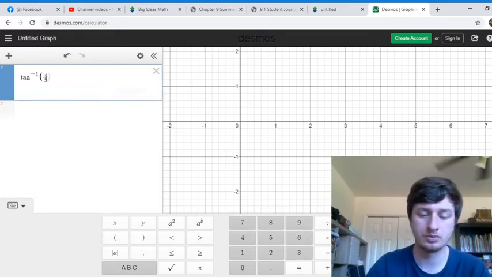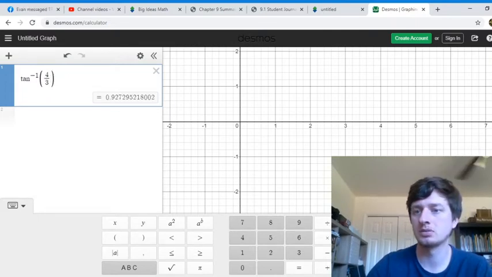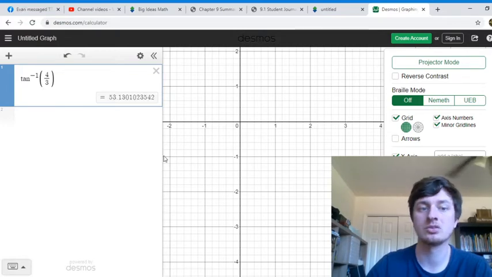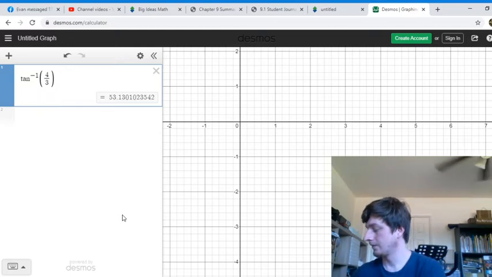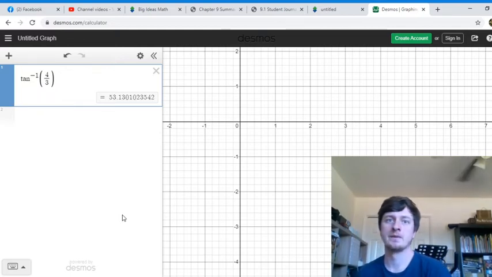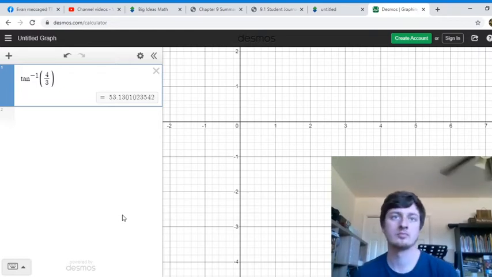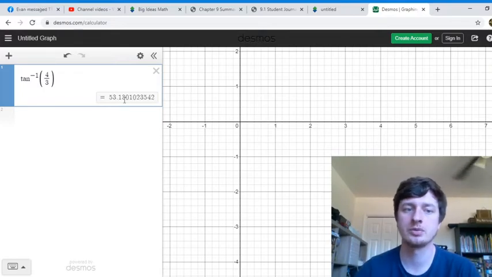Okay, and so we do 4 divided by 3 inside of there. And so that would be degrees, or radians. So we get 53.13 degrees. Okay, and so we're going to do degrees for now, and we'll get to radians.